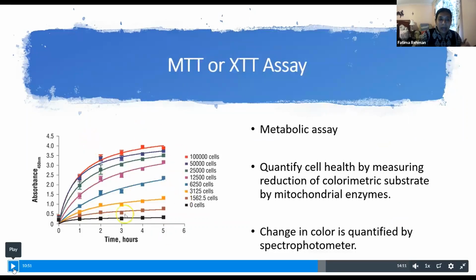Now, each cell line will have a different level of basal metabolic activity that you need to know before you can compare it to any treatment. So we always do one experiment just like this, so we have the basal level of metabolic activity of the cells before we actually run our actual experiment, where we have the different treatment groups with the same number of starting cells to work with.